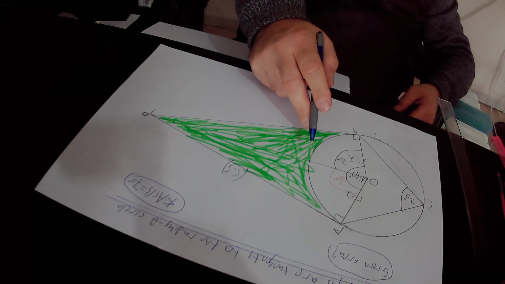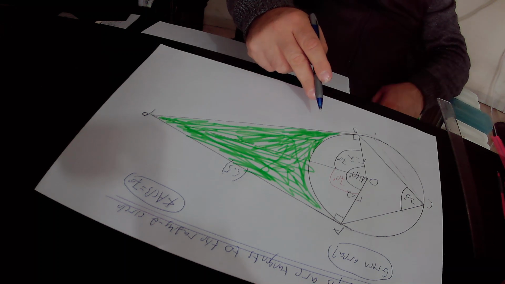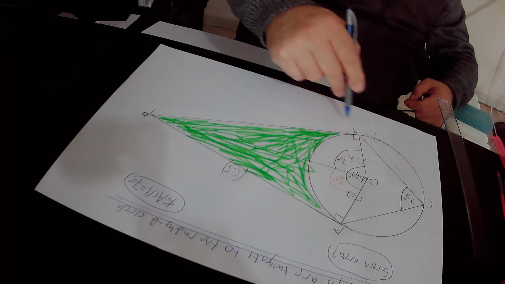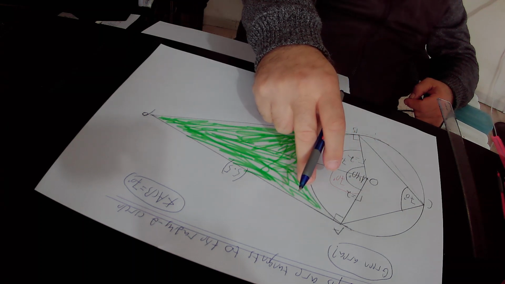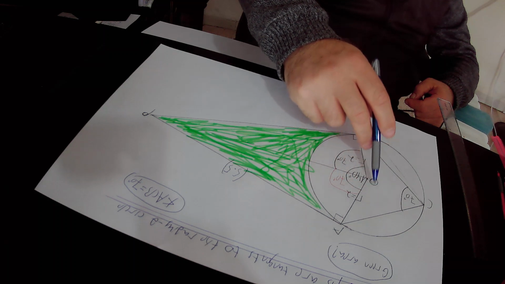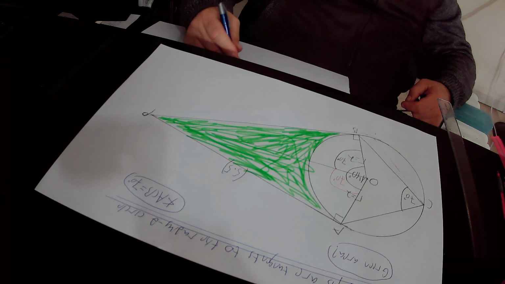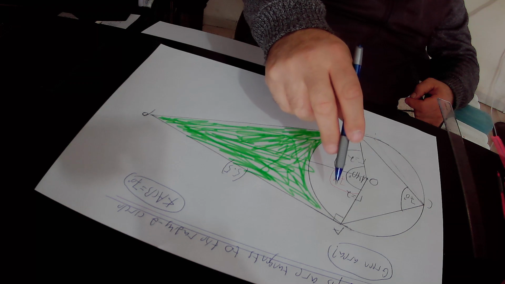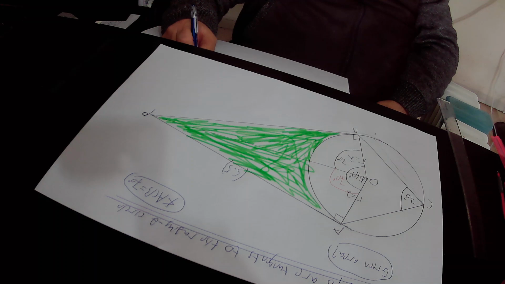The sum of the areas of those two right triangles will give us the area of this quadrilateral AOBP. And we have to subtract from the area of quadrilateral AOBP the area of this sector AOB. So it is minus the area of sector AOB.